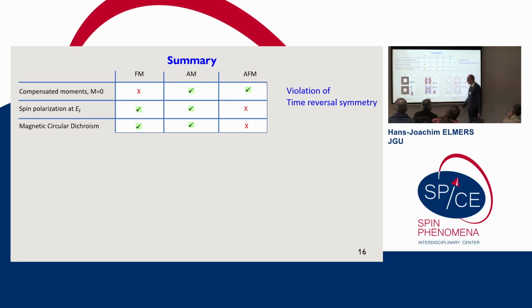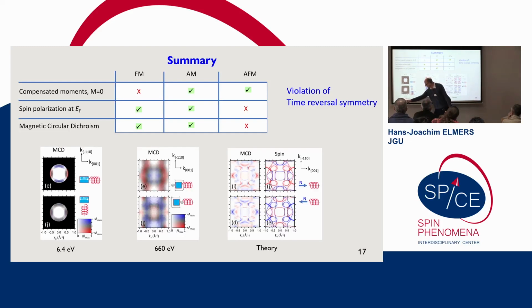We measured the magnetic circular dichroism with 6.4 eV and also in the range of soft X-ray excitation, 660 eV. The magnetic circular dichroism is consistent with calculations of the photoemission intensities. And the magnetic circular dichroism is related to the spin splitting of the states in the ruthenium dioxide.